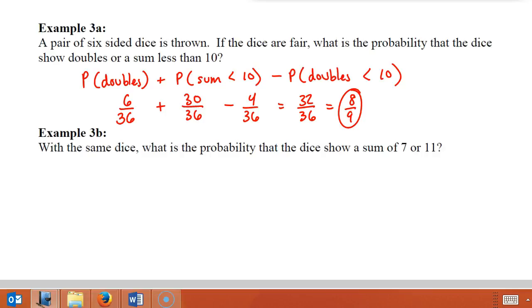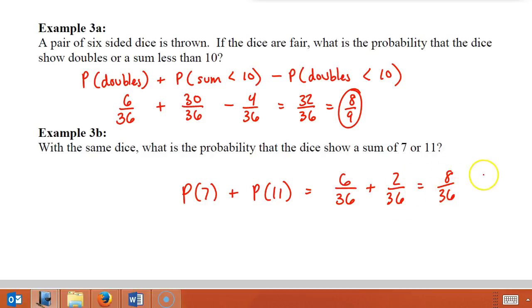So we're just going to add these 2 probabilities together: the probability of getting a sum of 7, plus the probability of getting a sum of 11. And when you look at your sheet, there's a 6 out of 36 chance of having a sum of 7, and there's a 2 out of 36 chance of getting an 11. So 8 out of 36, which reduces to 2/9, is your answer.